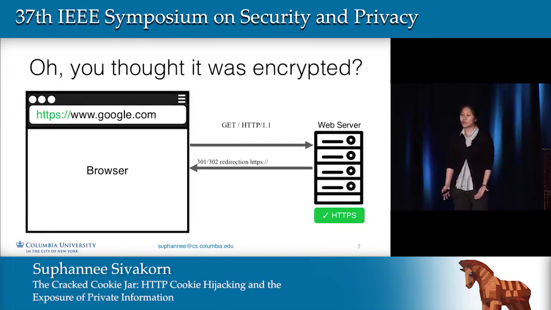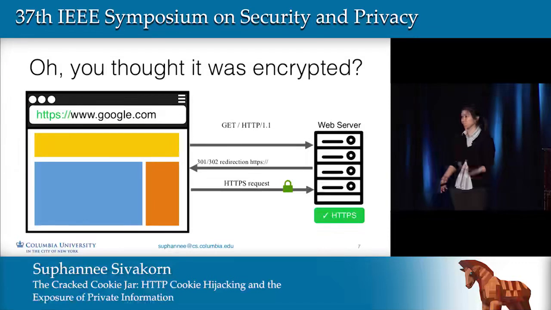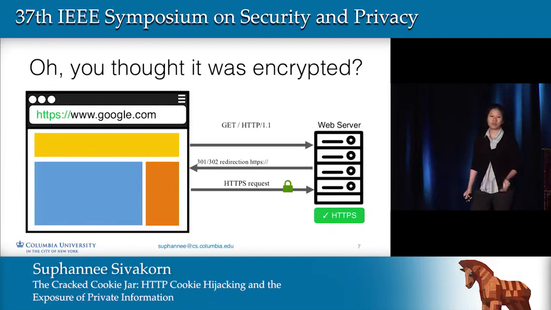The browser will know that and do HTTPS. After that, they do the TLS handshake and finally get into HTTPS. So after this point, everything is secure, right? Because everything is encrypted. Everything looks fine because Google does their job and redirects you so fast.